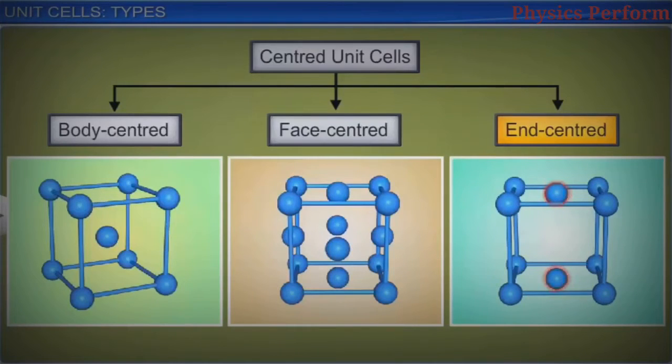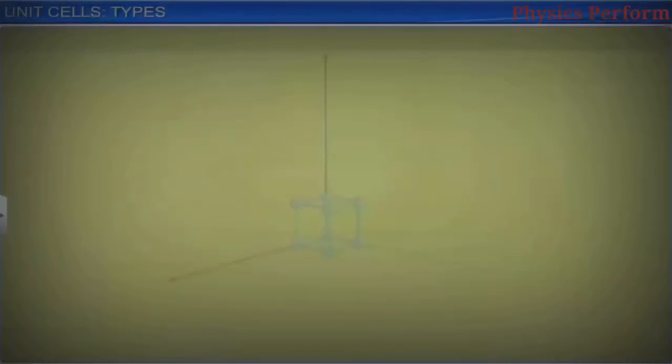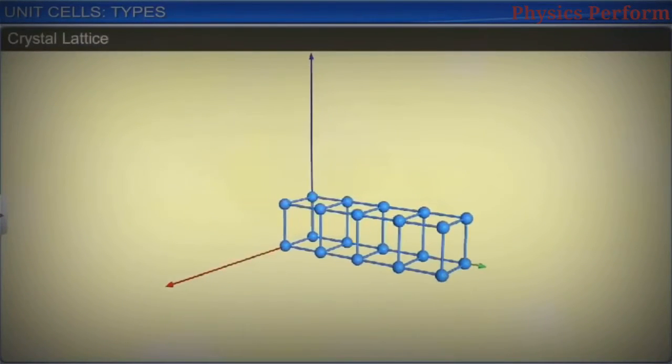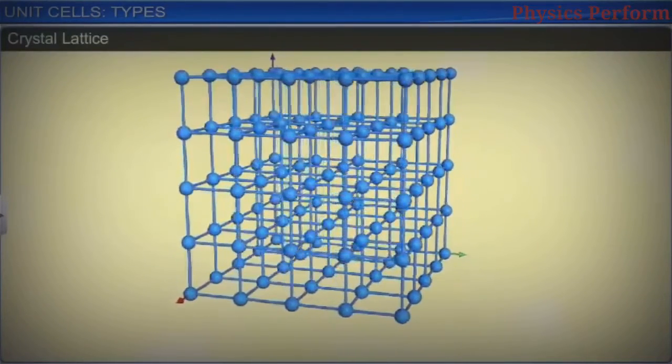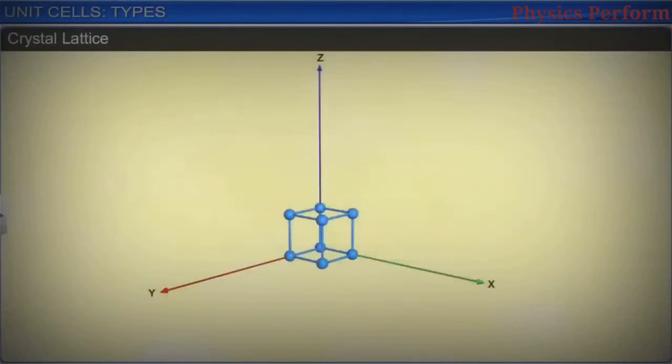An end-centered unit cell has one constituent particle at the center of any two opposite faces besides the ones present at its corners. You know that a three-dimensional crystal lattice is generated by the translation of lattice parameters a, b, and c.